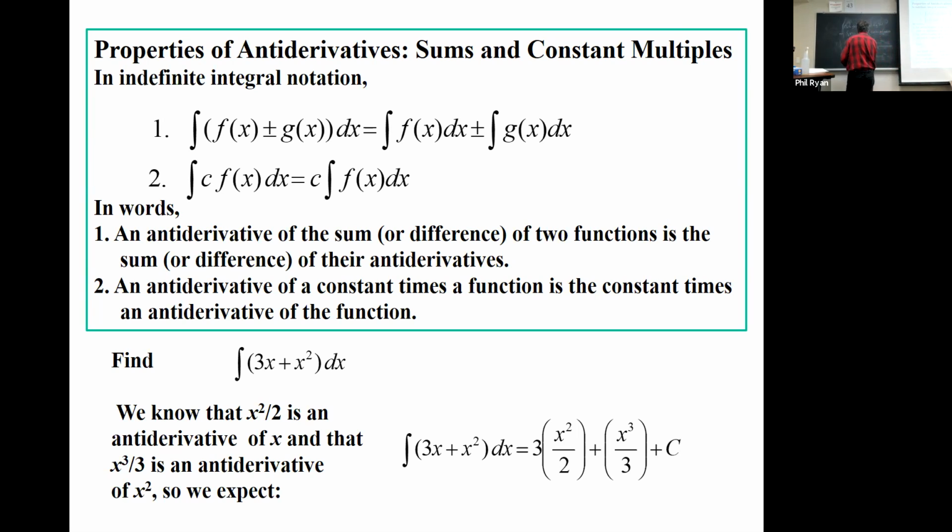Okay, so if I was to do the intermediate steps, if we had the integral of 3x plus x squared dx, I can write that as the integral of 3x plus the integral of x squared dx, and it's going to be 3 times the integral of x dx.